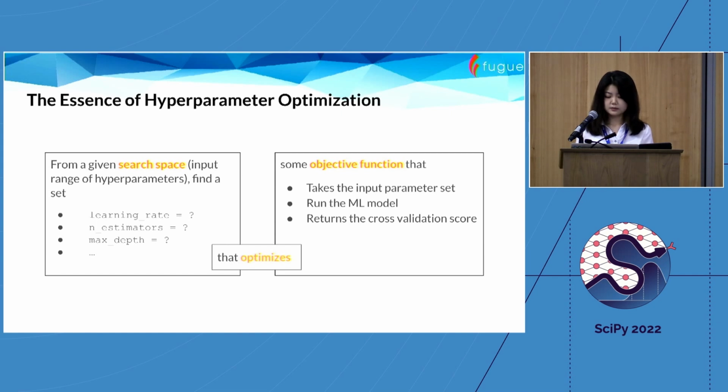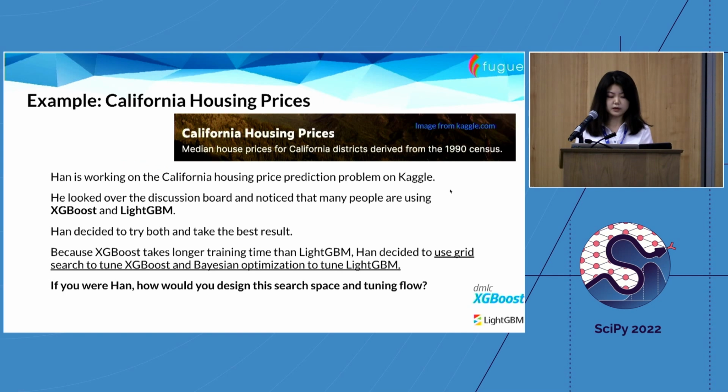Well, this is a simple process. However, to build such a tuning flow could be cumbersome. And I'll give you a concrete example that is common in every model developer's work. And this problem is very simple, yet there's no elegant solution so far.